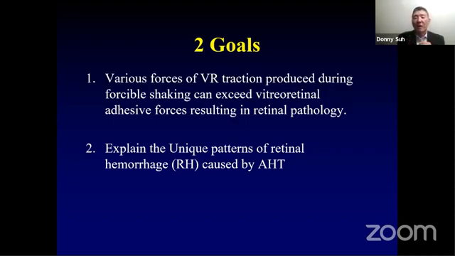And second, I wanted to determine how much force is required to separate the vitreous from the retina. How hard do you have to shake a child to cause the vitreoretinal separation that results in the tearing of the blood vessels and retinal hemorrhage? And also, why does it cause those unique patterns of retinal hemorrhage? That's what I wanted to find out.